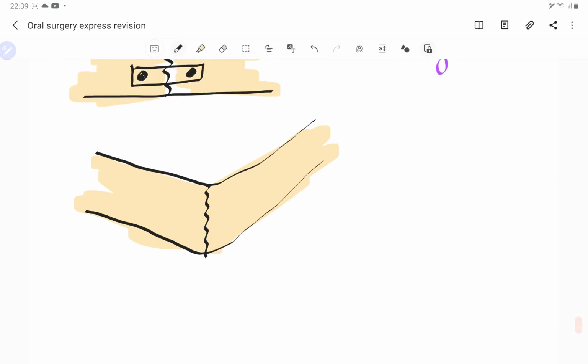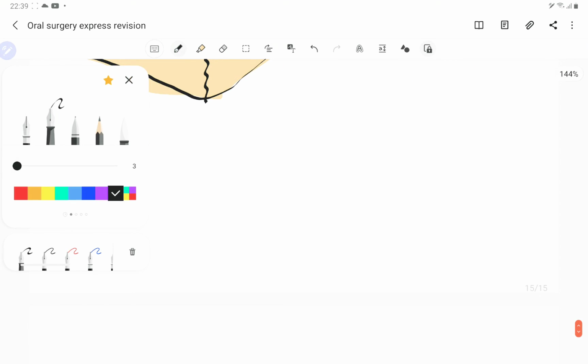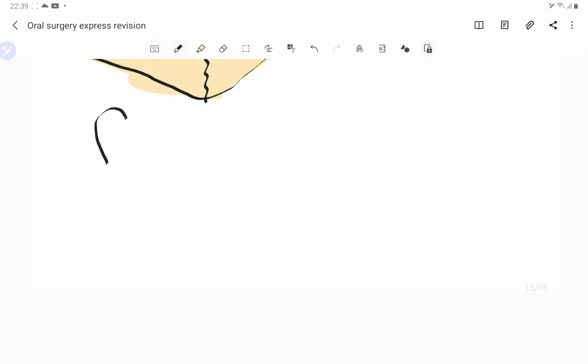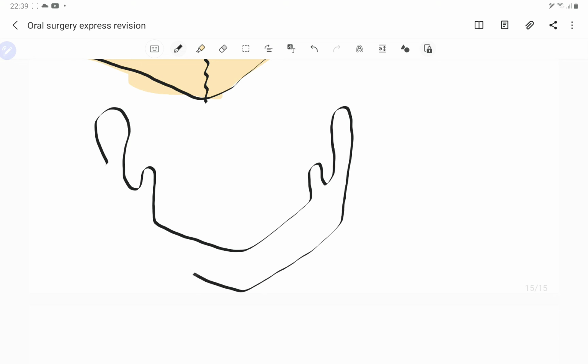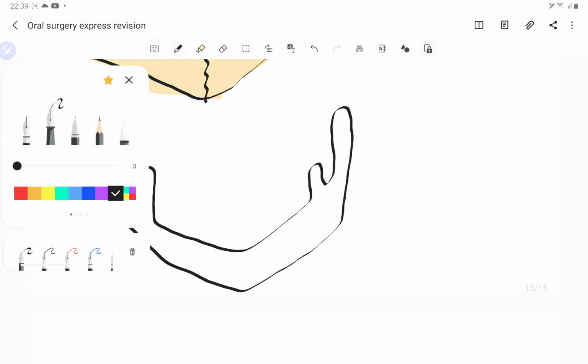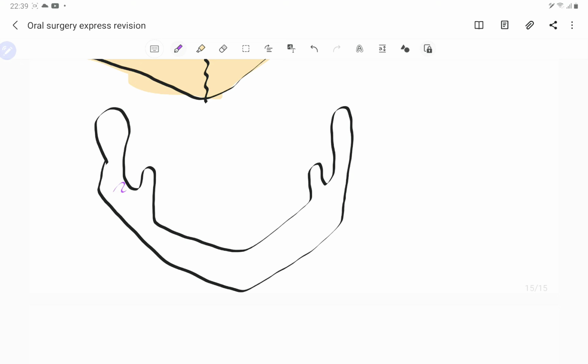So I have to draw a mandible first in order to make you understand what the Champy's lines are, guys. Say suppose this is the mandible. These Champy's lines are basically lines along which the bone formation takes place. There are two lines in the mandible. One line is from one side angle to the other side angle, seen in the upper border.